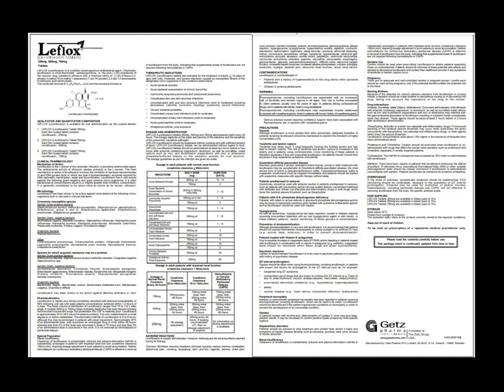For acute pyelonephritis, 250 mg given for 10 days or 750 mg for 5 days. For chronic bacterial prostatitis, 500 mg given for 28 days. For inhalational anthrax post-exposure, 500 mg given for 60 days. Plague, adult and pediatric patients greater than 50 kg weight, 500 mg given for 10 to 14 days.